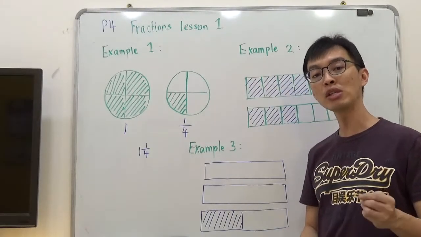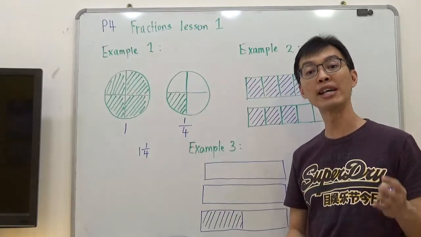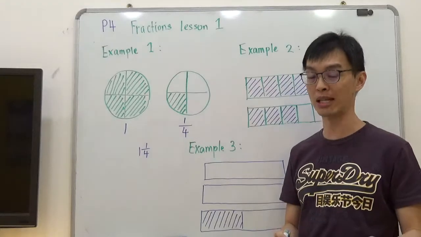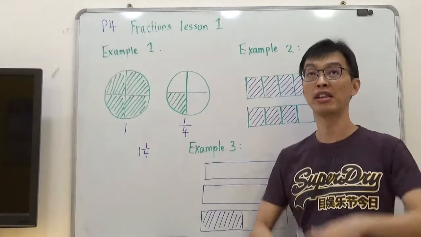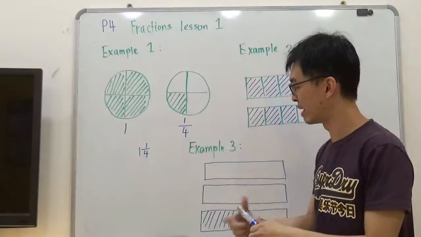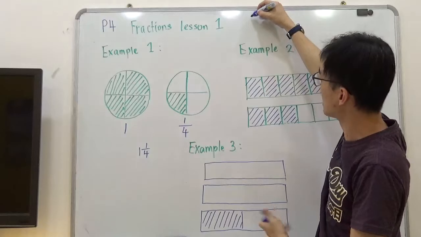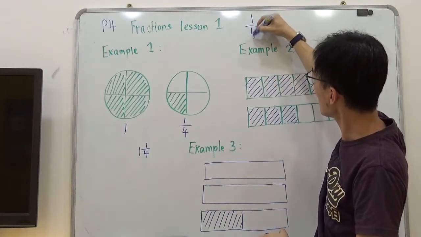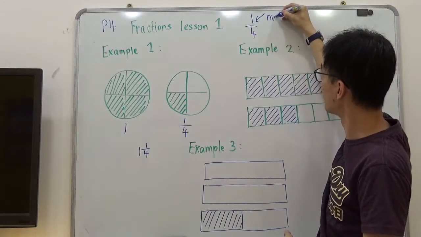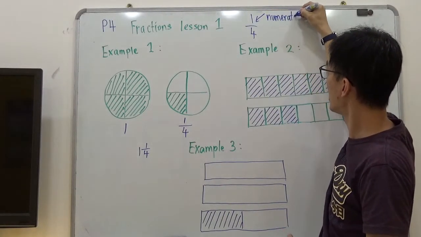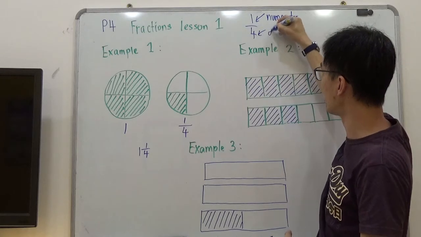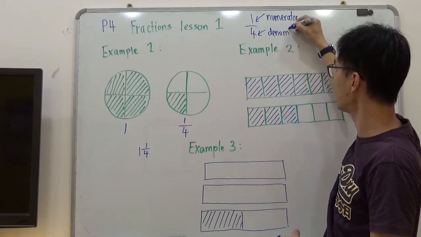Now, I'm going to teach you how to put that into an improper fraction. This is called the numerator, and this is called the denominator, in case you have forgotten.